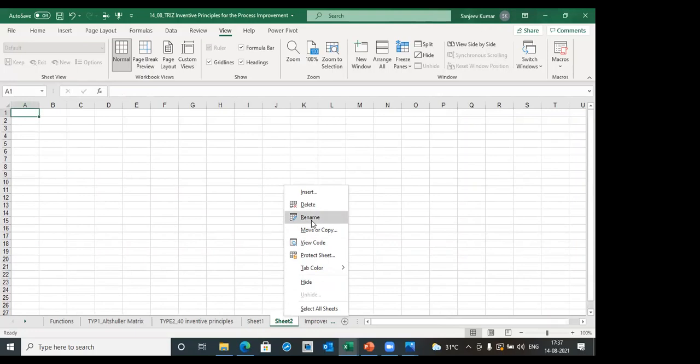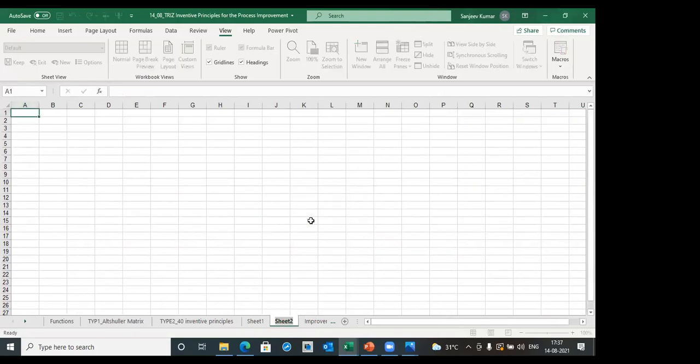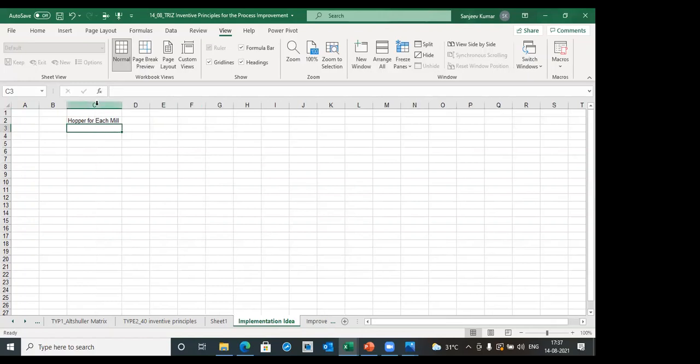Now you need to convert this into an idea and put it in the template. Yes, sir. Belt weigh feeder.